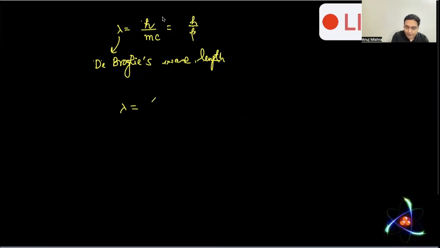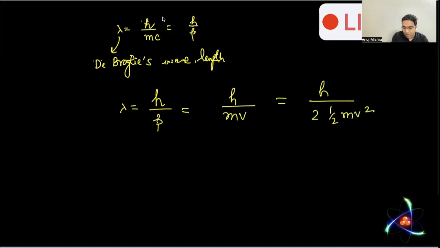Yeah, so you can write H upon P, H upon MV, H upon square root of 2 times half MV square. Think about it. Half MV square is energy. If you take 2 times half MV square under the root and keep this 2 also inside, what will you get? Check. 2 to cancel.